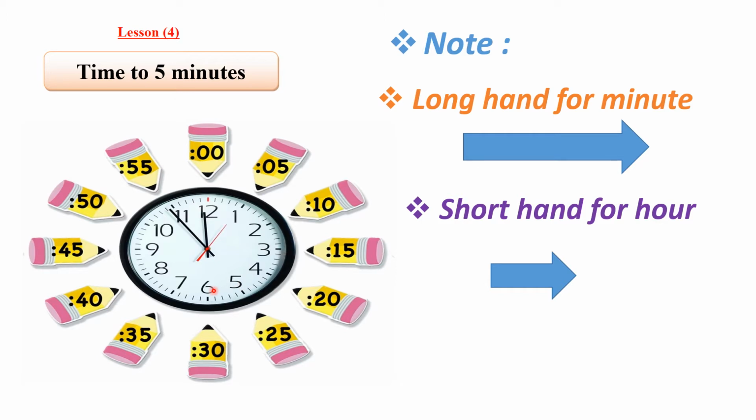So now I can skip count by 5: 5, 10, 15, 20, 25, 30, 35, 40, 45, 50, 55. And when it comes back to 12, it will be 0 because it completed one turn.